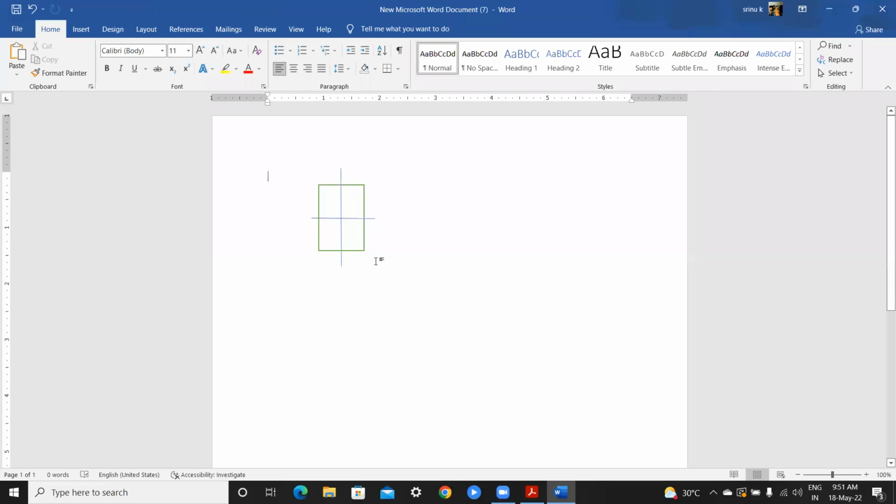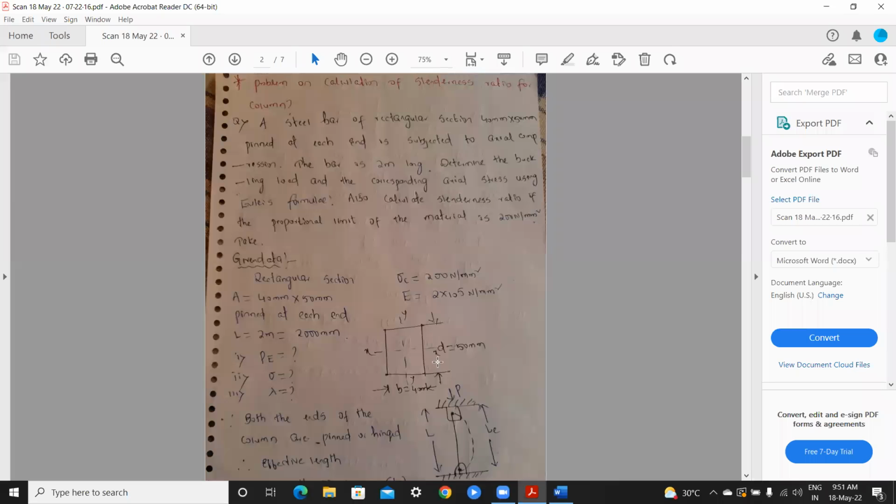Like this, the x and y axes. You can see x and y. As per our condition, we have to calculate the minimum.